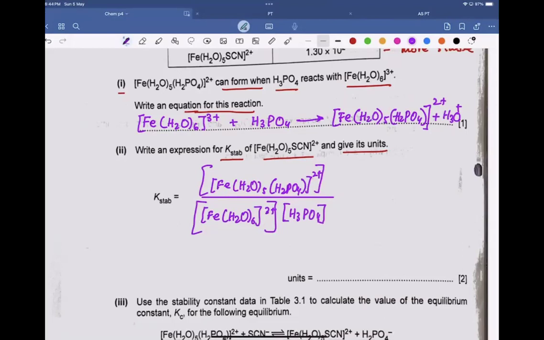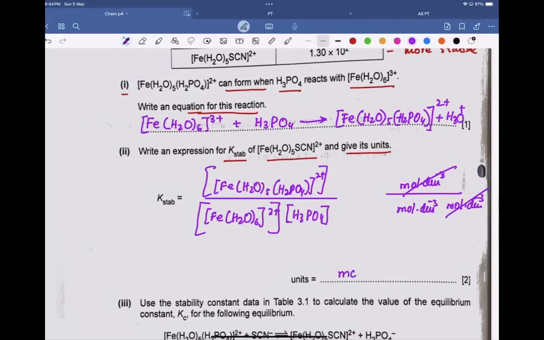Now, if I work out the unit, so mol per dm cube in the numerator over mol per dm cube in the denominator times mol per dm cube in the denominator, right? So one unit from the denominator is cancelled by the numerator, and the rest moves to the numerator, so it will become mol inverse dm cube. Is this clear to all of you?